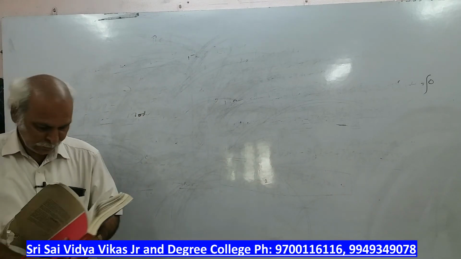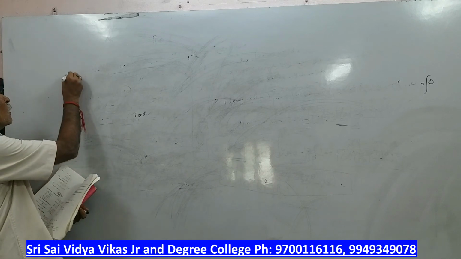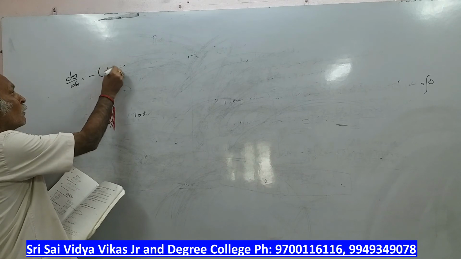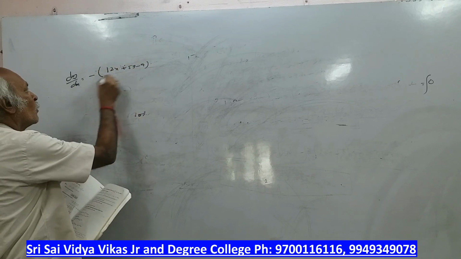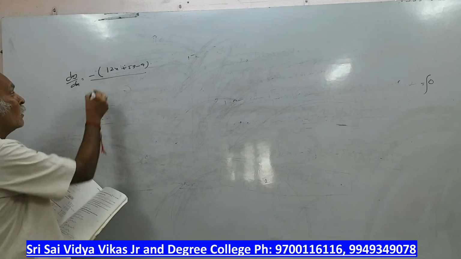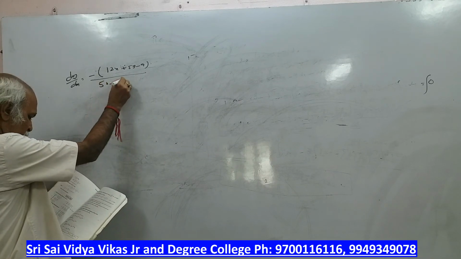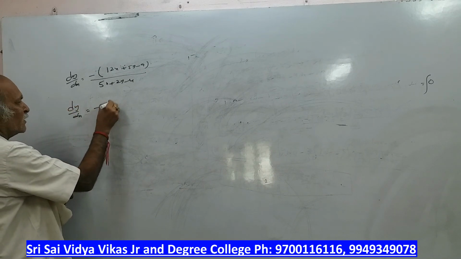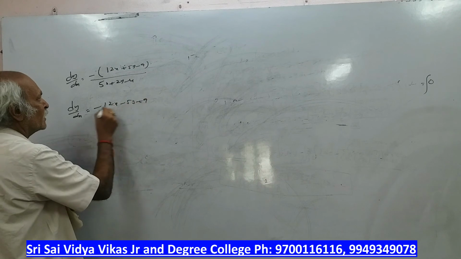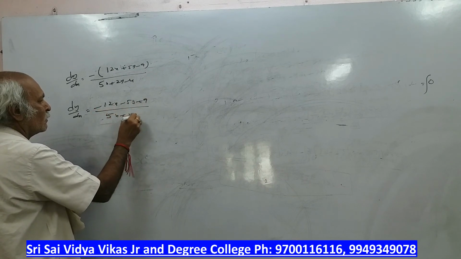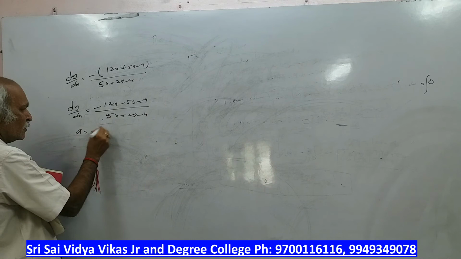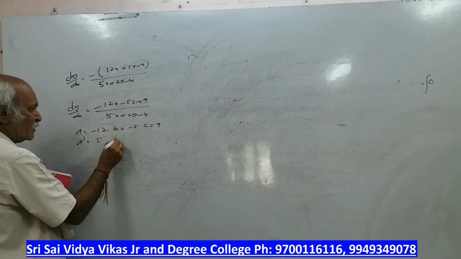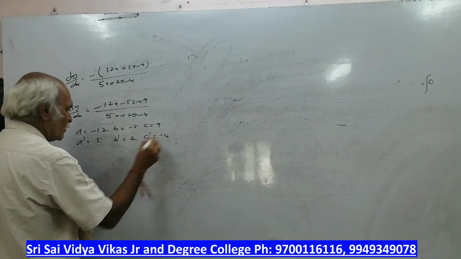Next problem. Again first we put the negative sign inside, plus 9 by... What is the a value? b is minus 5, c is 9. a dash is 5, b dash is 2, c dash is minus 4.